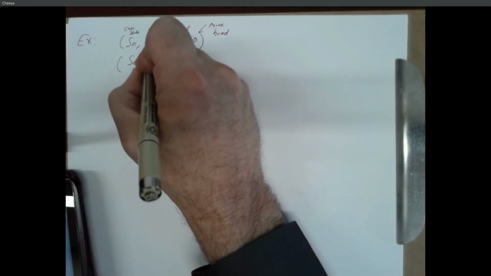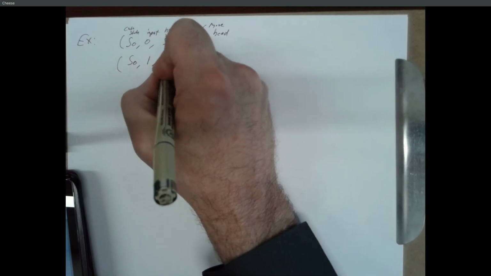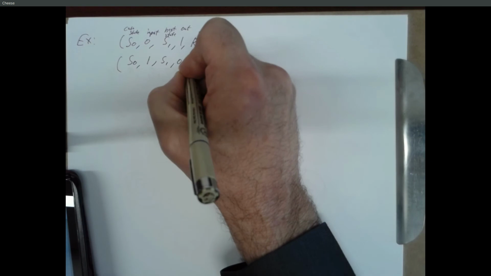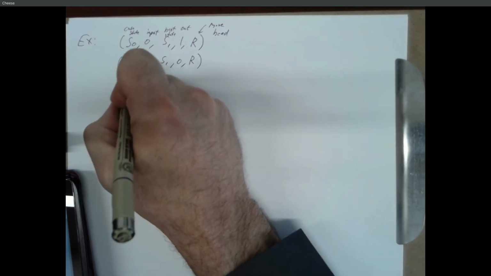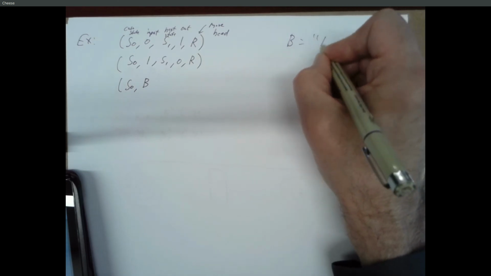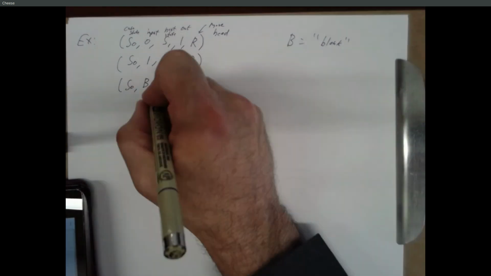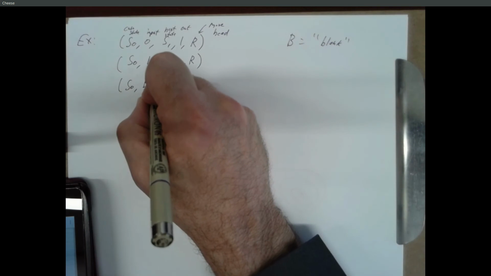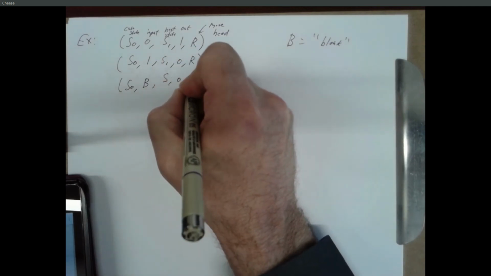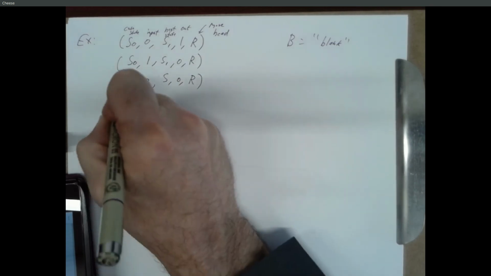Okay, so if you're in S0 and there's a 1, let's go to S1, let's write a 0 and move to the right. If you're in S0 and I'm going to use B for blank. So mostly we're just going to have 0s and 1s, but there could be spots that are blank. So if you're in S0 and it's blank, let's go to S1, write a 0 and move to the right.